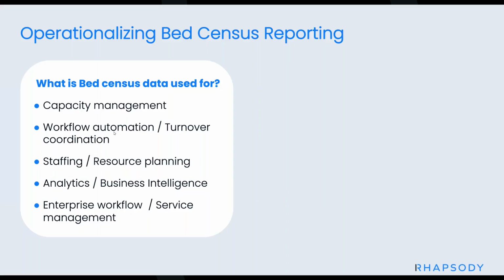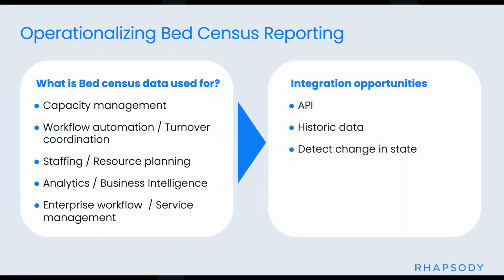Workflow automation, now we maybe get into some kind of triggering where we detect a certain state, and then it's kind of a service management aspect. Maybe if you have ServiceNow or some other dashboard, this data could be used to be displayed there, or even trigger some kind of alert or notification. So what integration opportunities do we have given what is out there?